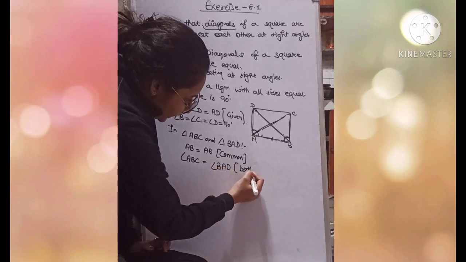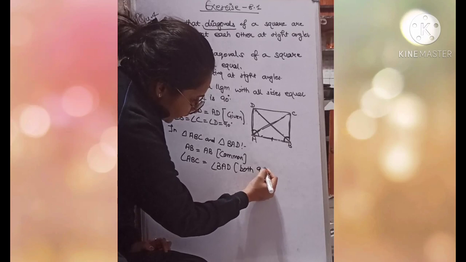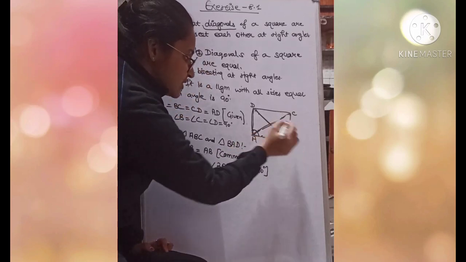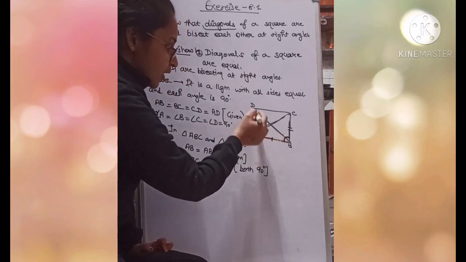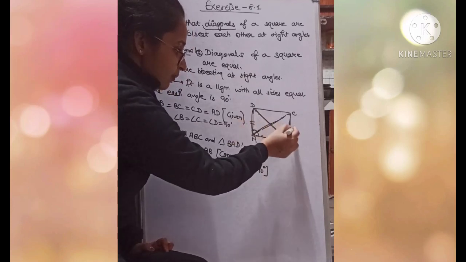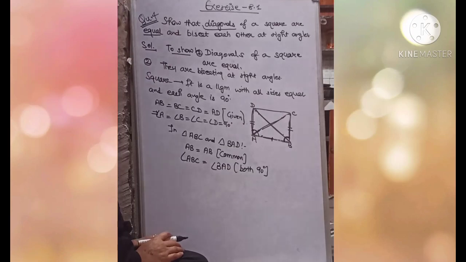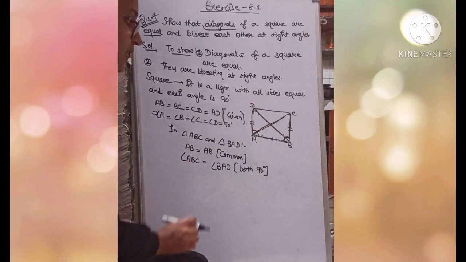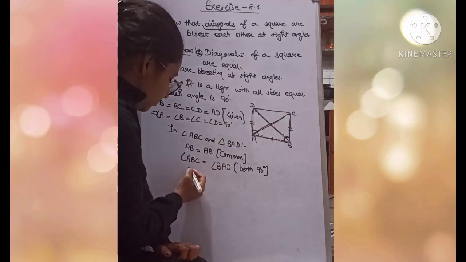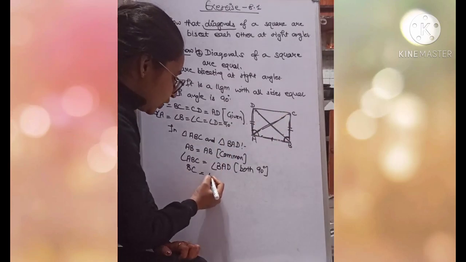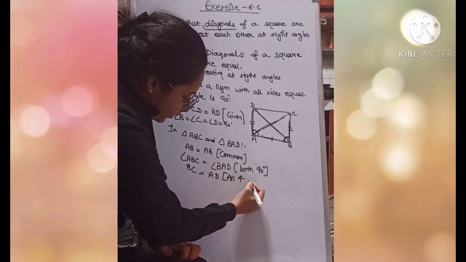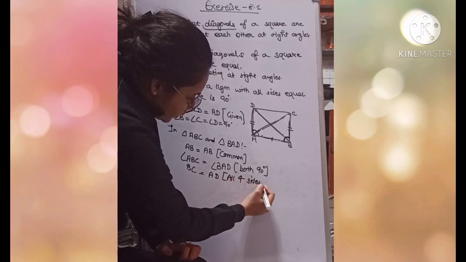Both are of 90 degree. And in this triangle ABC, BC is equal to, in this triangle BAD, AD. Why? Because opposite sides of a parallelogram are equal, or you can say it is a square. It means all of the four sides are equal. So you will write BC is equal to AD. All four sides of square.